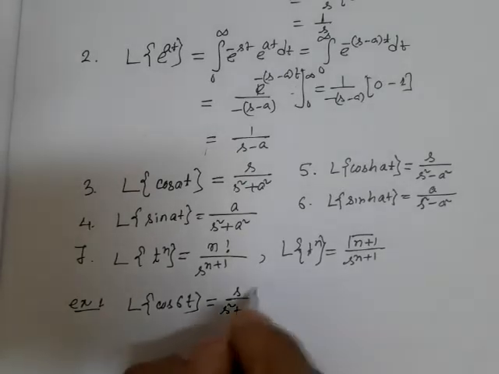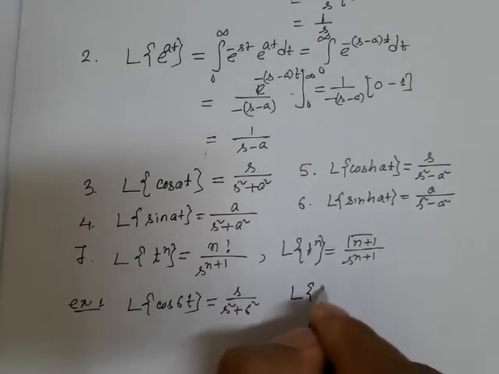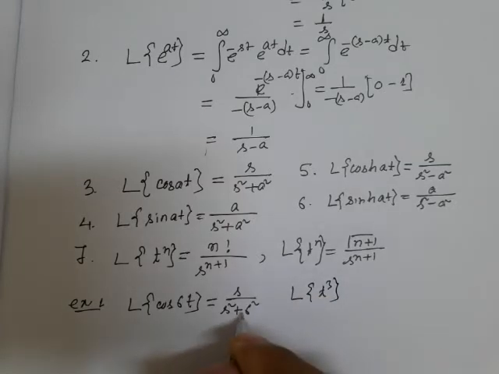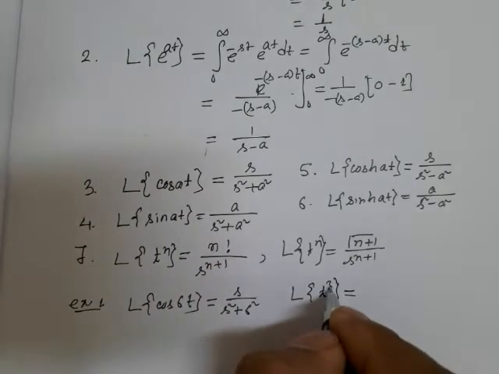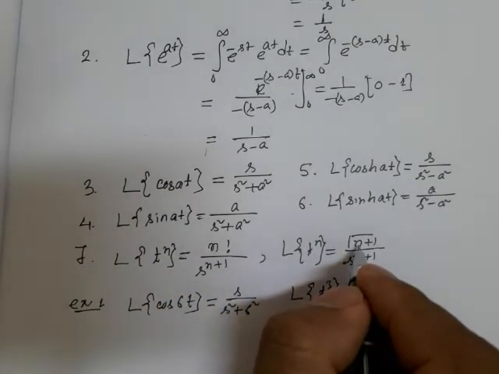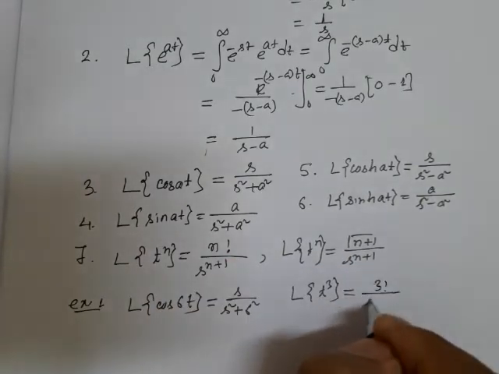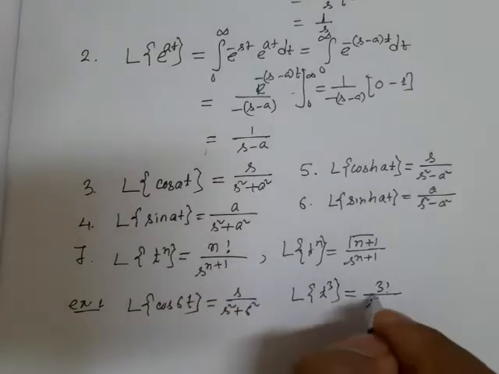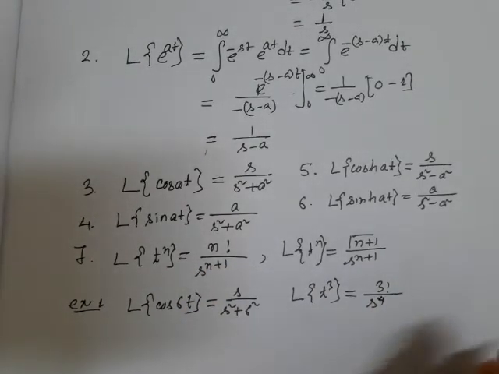Now, what is L of t cube? For L of t cube you can use this formula because 3 is a natural number. If it were not a natural number, you would have to use the other formula. So 3 factorial by s to the power 3 plus 1, that is s to the power 4.